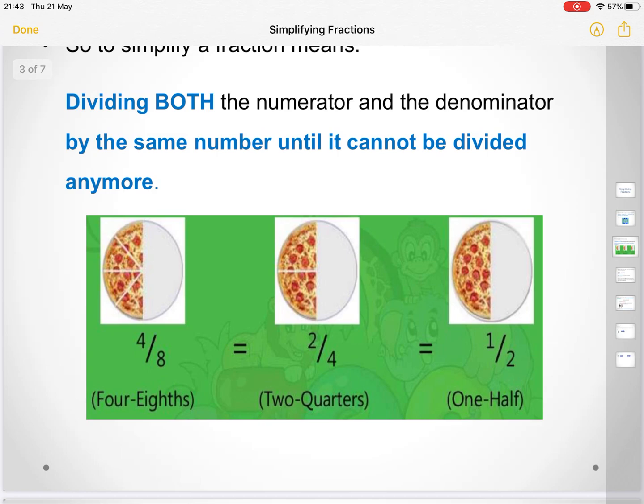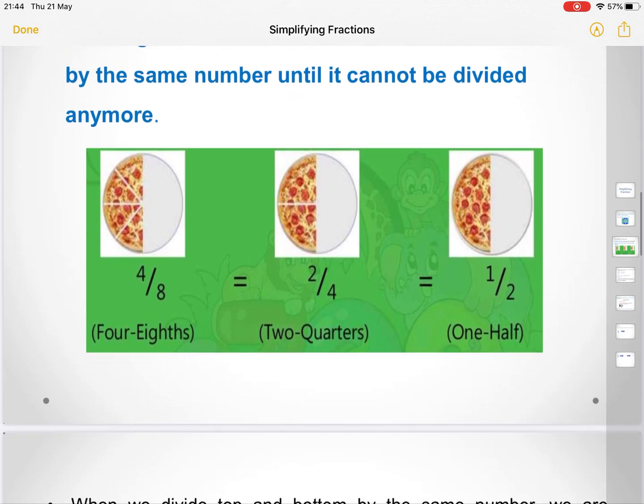Okay? Now we have a picture of a pizza. The pizza was first divided into 8 pieces, okay? And 4 pieces were eaten, so 4 eighths were eaten. The other 4 eighths are not.